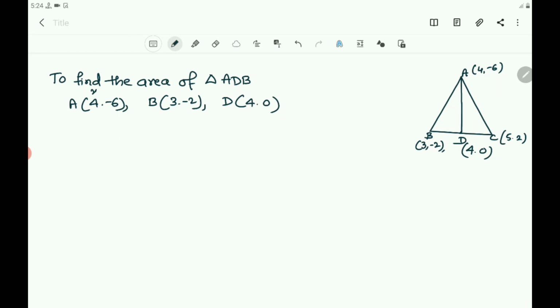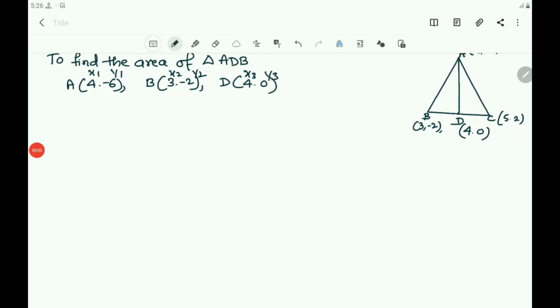Let us consider them as (x1, y1), (x2, y2), (x3, y3).